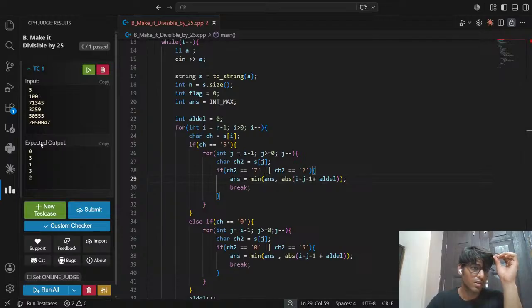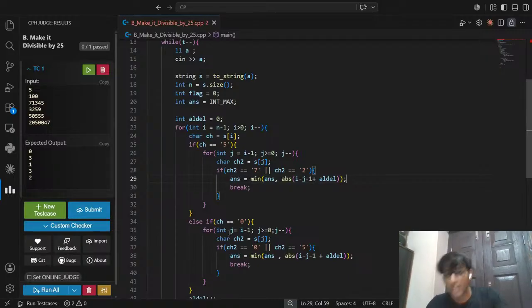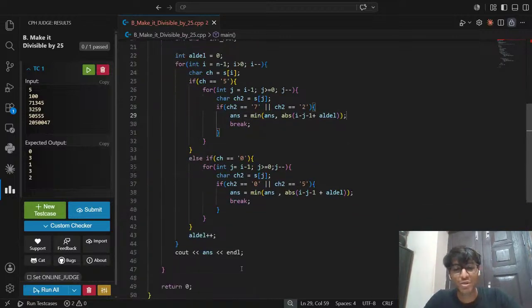Like one, two, and three. Sorry, we don't actually need to delete the first ones because it's not asking for the exact 25 or 75. It's asking for numbers which are divisible, and if the last two characters are either 00, 25, 75, or 50, then it will be. So yeah, my approach is actually correct. I'm just a dumb human being.